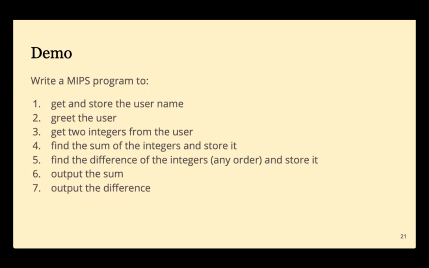So to demonstrate this, we're going to write a program to get and store the user's name, greet the user, get a couple of integers from the user, find the sum of the integers and store that, find the difference and store it, and output sum and difference.